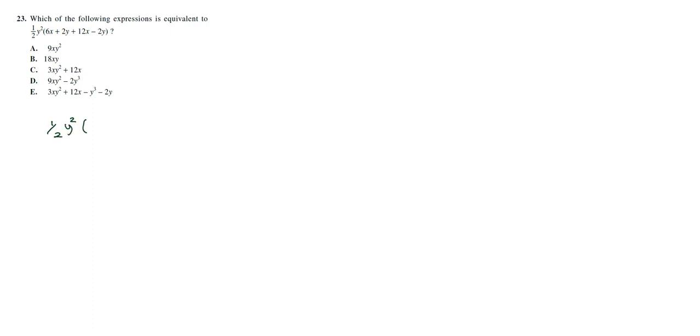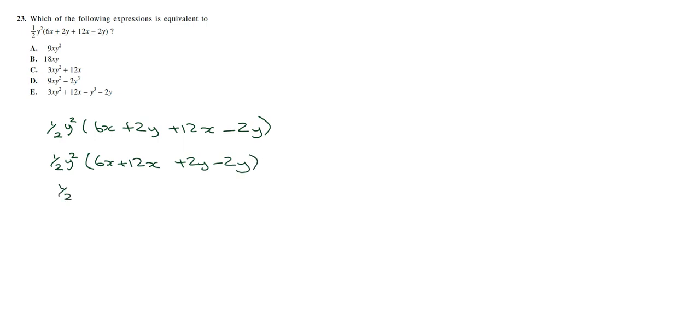Let's write the expression: 6x plus 2y plus 12x minus 2y. So we're going to group common terms together. 1/2 y squared, we have 6x plus 12x plus 2y minus 2y.